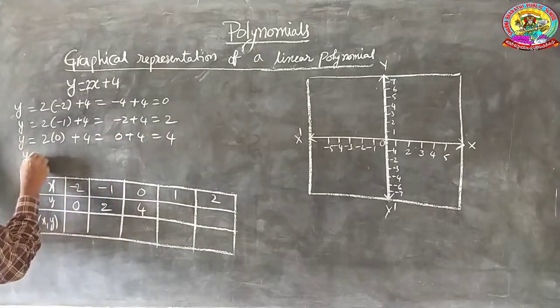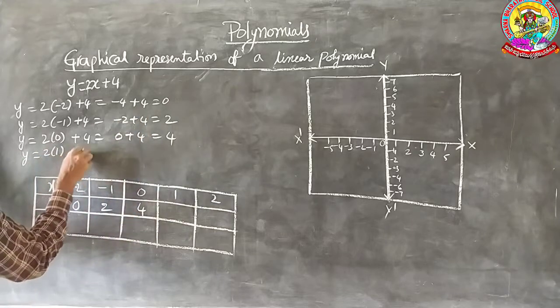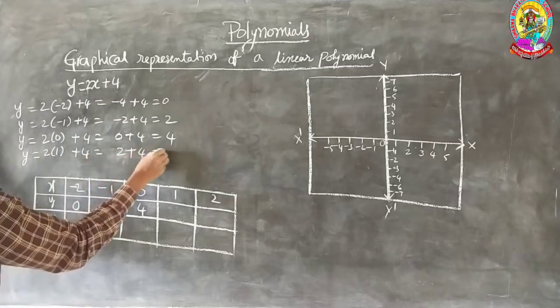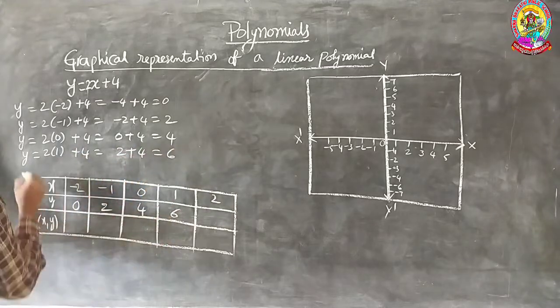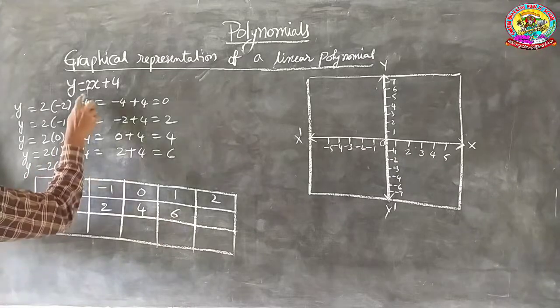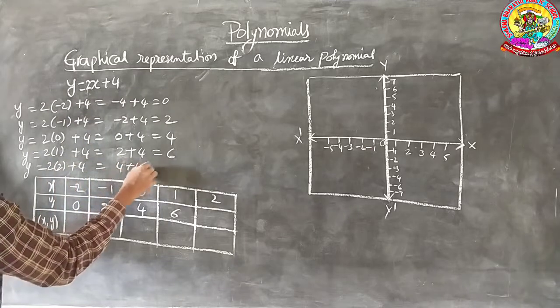Next, x is equal to 1: 2 into 1 plus 4 is equal to 2 plus 4 is equal to 6. If you insert 2 in the place of x, 2 twos are 4 plus 4 is equal to 8.